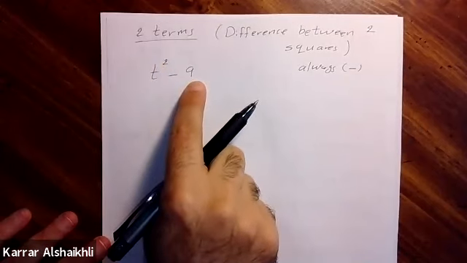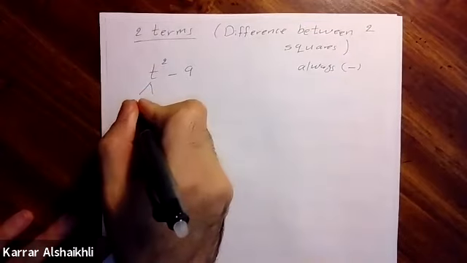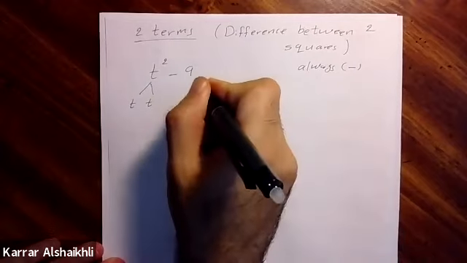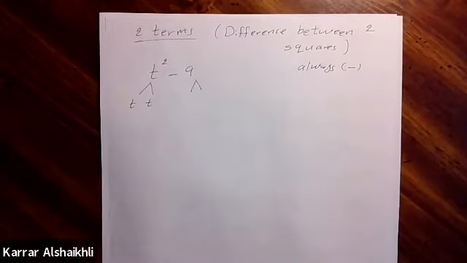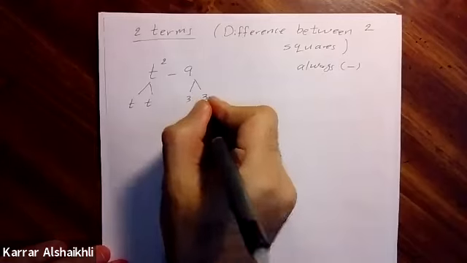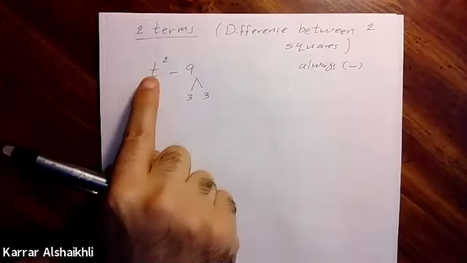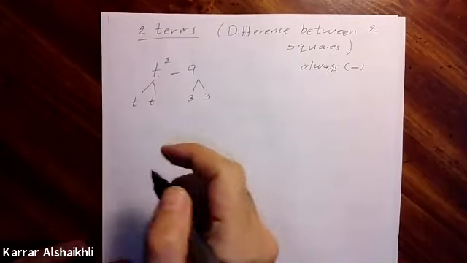How are we going to solve this one? t squared is t times t. For 9, give me two numbers that are exactly the same number, that when you multiply by itself, you get 9. 3, because 3 times 3 is going to be 9. So now, this is squared, this is squared, and this is minus between two squares.